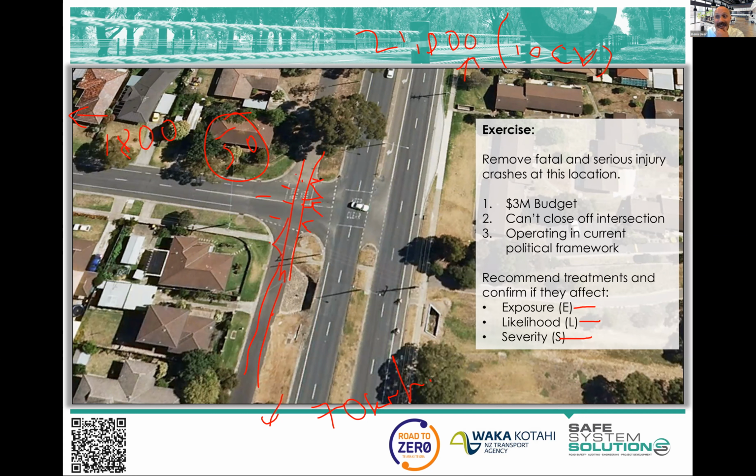Roadside barriers. Okay, interestingly, roadside barriers, if we were to put roadside barriers down the side, that is very much just a severity reduction, because the chance people will crash is still the same, because hitting the barrier is a crash.